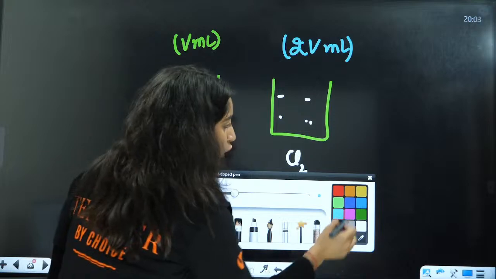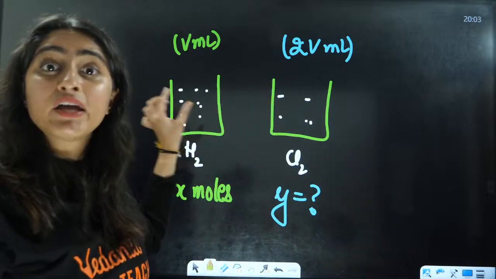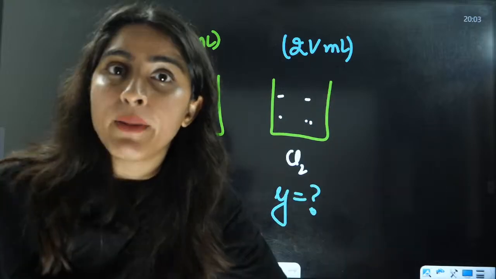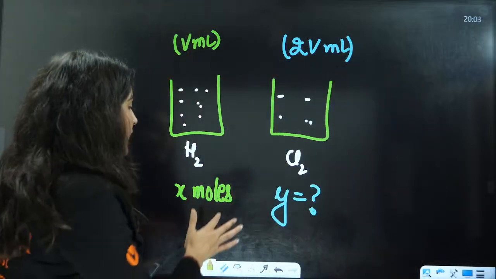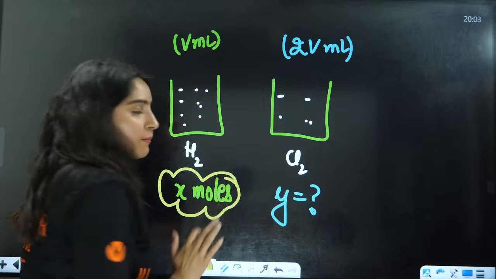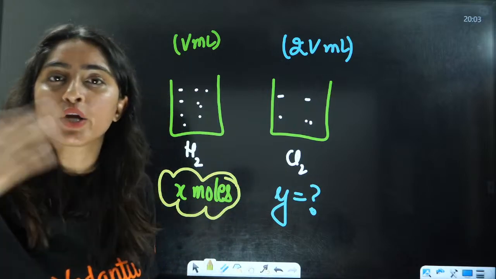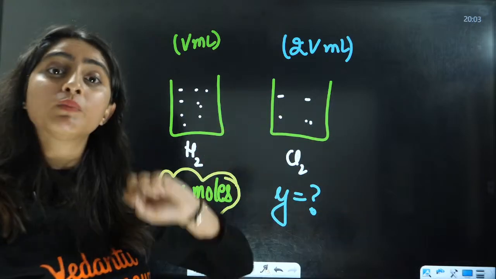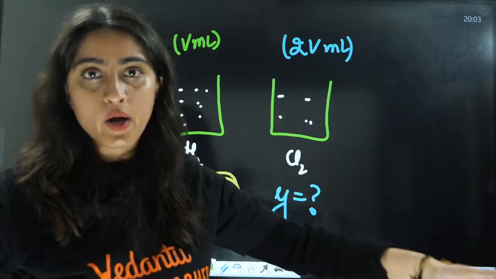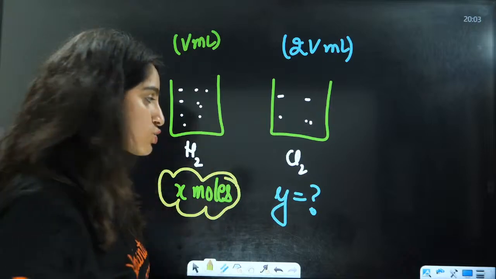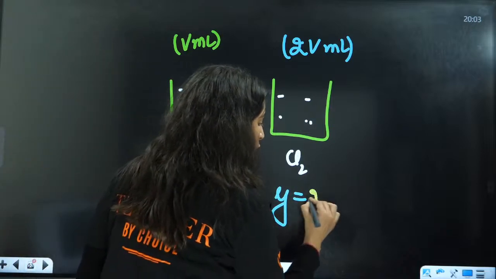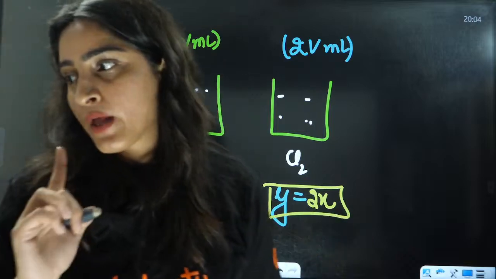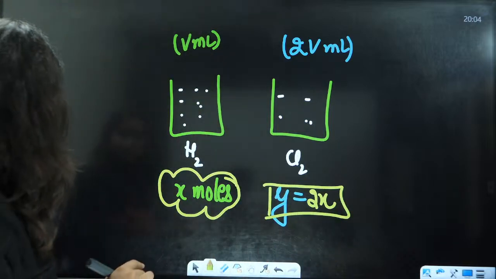If the volume is doubled, here it is having V volume and here it is having 2 into V volume, then the moles are going to be doubled. If the volume is tripled, moles will be tripled. So for different gases also, Y is going to be 2 into X here. That is Avogadro's law. Okay, bacha? Yes? Perfect.